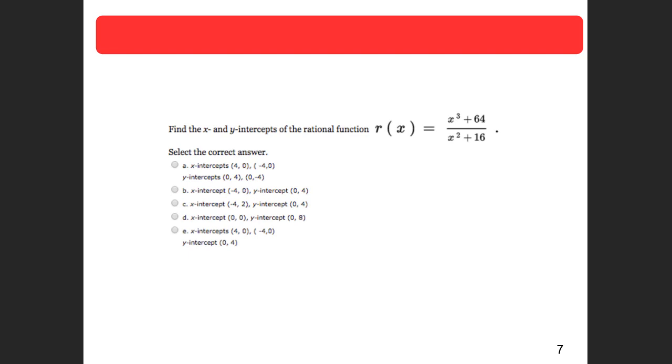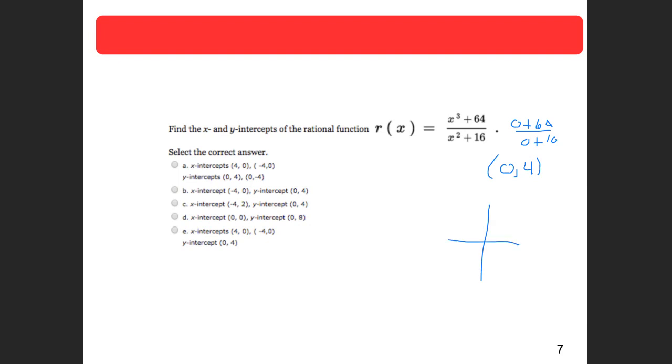Zero, 4. I would agree with that, because if we put 0 in, we end up with 0 plus 64 over 0 plus 16. 64 over 16 is 4. So when the x value is 0, the y value is 4.